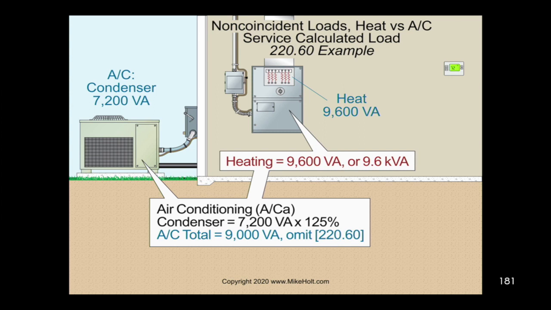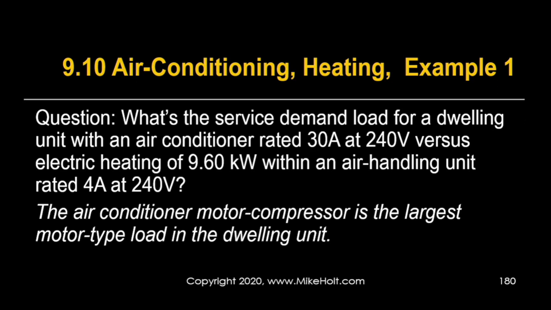Now both of these, the heating and the air conditioning, are both going to have 4 amps worth of fan on them, okay? So we're not going to mess with that at all. We'll just omit that whole thing from the equation here, all right? So our heating's going to be at 9,600, right? And how did we get that? Well, it said 9,600 right in the question.